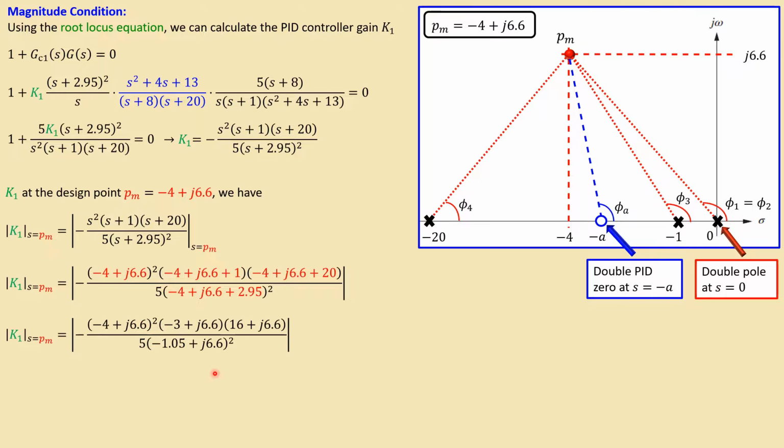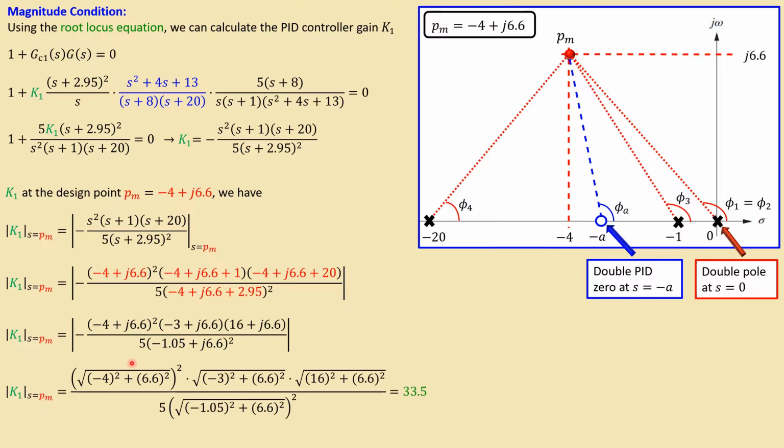Now simplifying this, you can make minus 4 plus 1 into minus 3, and everything else is in a similar form. Now we need a magnitude, so we take the magnitude of each of these. You take the magnitude by taking the square root of the real part squared plus the imaginary part squared, in a similar format here, and you will get a result which is 33.5.